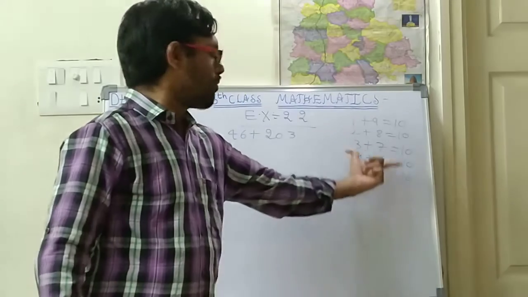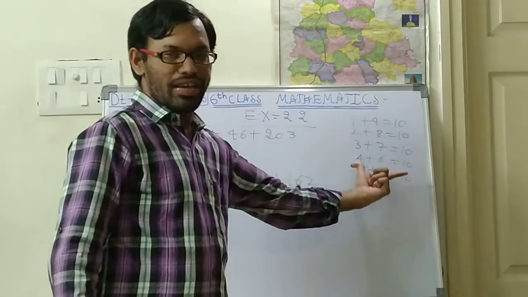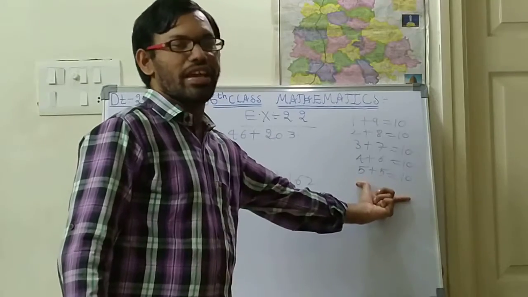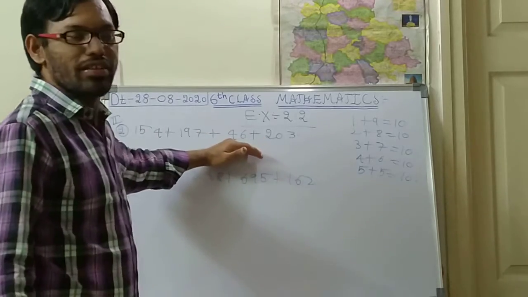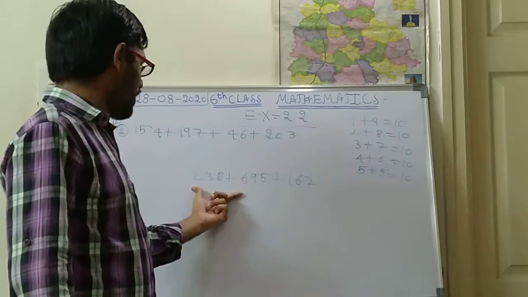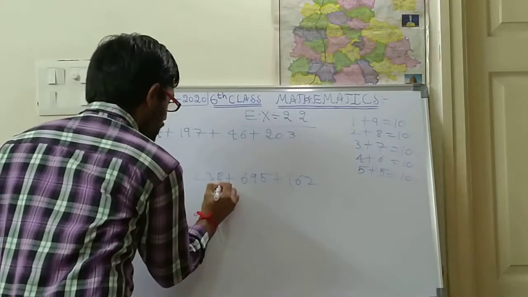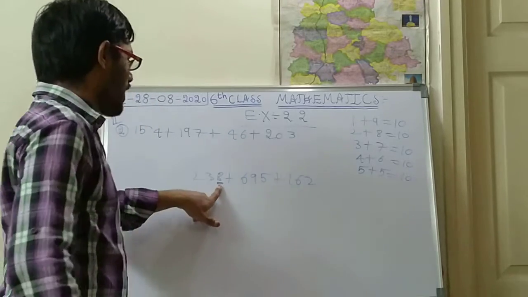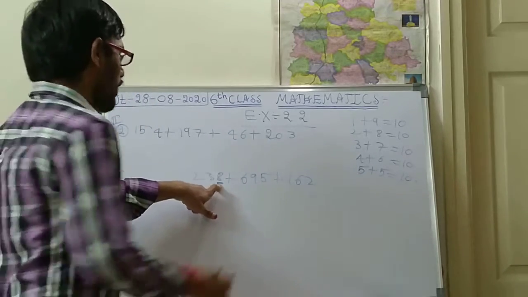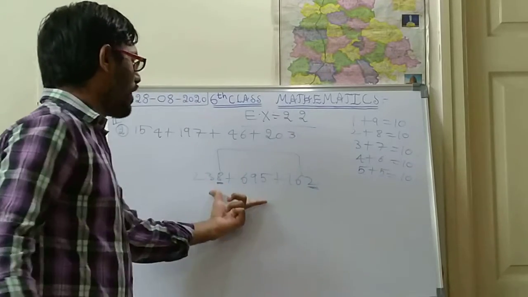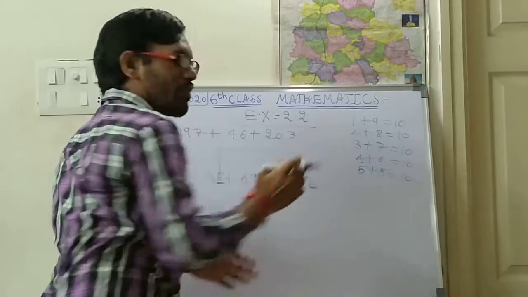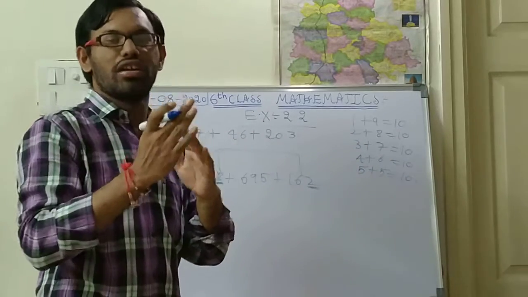By observing and noting these numbers, keeping this trick in your mind, you have to check the problem. In the first problem, the first number has ones digit 8, and here there is 2. If you add these, the result will come in tens, hundreds or thousands.